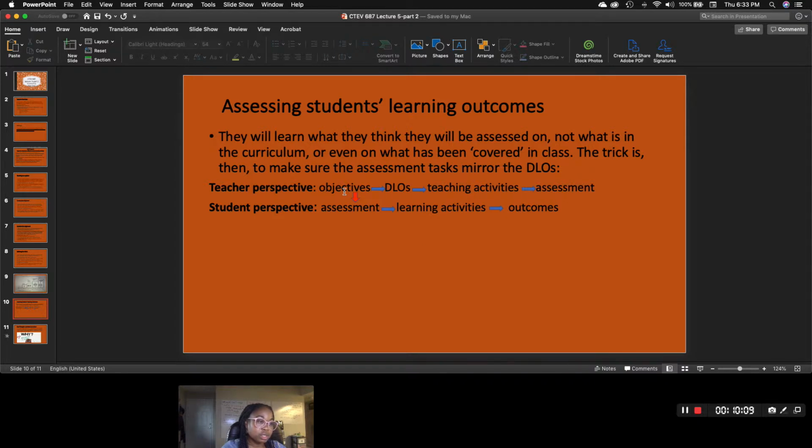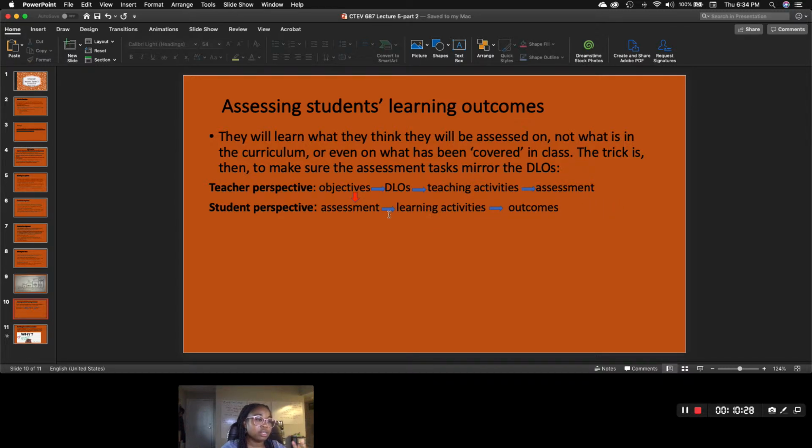So from the teacher's perspective, you enter the classroom from here. You have your objectives, you have your desired or intended learning outcomes, you have the teaching activities, and then you design the assessment. For the student, they come in at the assessment part and the learning activities and then the outcomes.